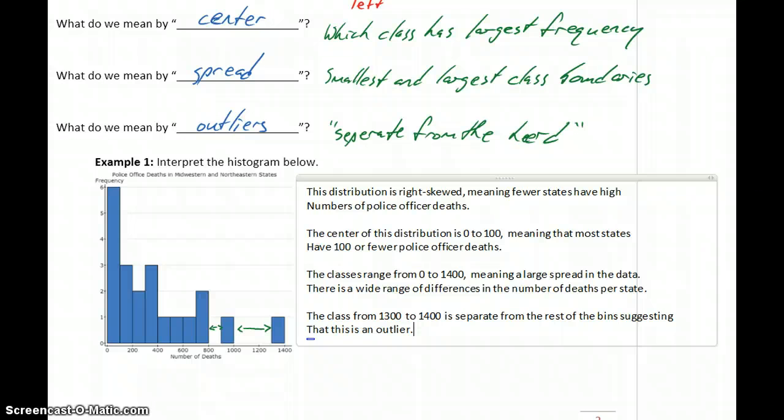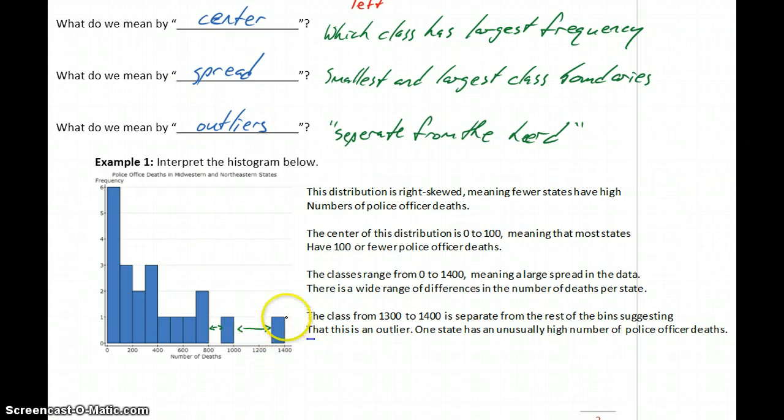And what that means in the context of our data, an outlier means we have an extremely high or extremely low, or unusually high or unusually low value. Since the frequency for that class is 1, we could say that one state has an unusually high number of police officer deaths. I haven't shown you the data for this, but that's New York State, most likely due to large populations, lots of crime, and unfortunately more police officer deaths.